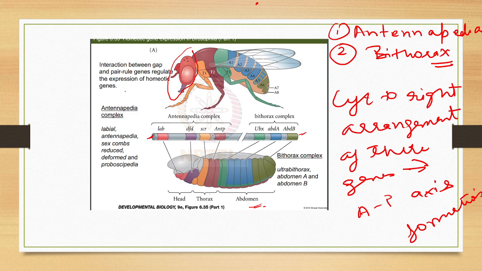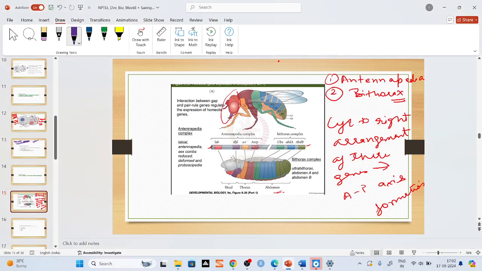The interaction between your gap genes and pair rule genes decides what kind of expression pattern the homeotic selector genes will have. Now we'll very quickly summarize all the different types of zygotic genes here.